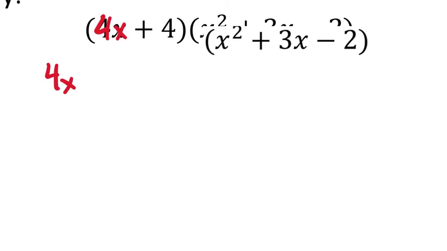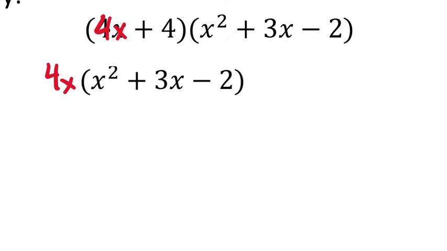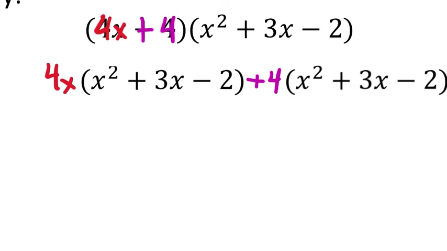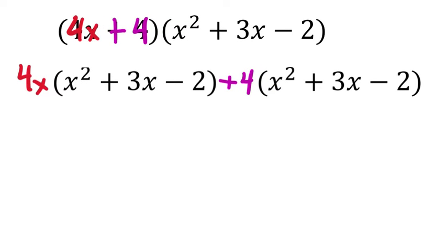I'll take a little bit of a shortcut, hopefully that's okay. Then I'm going to take that plus 4, the other part of that binomial, and multiply it also by the same trinomial.